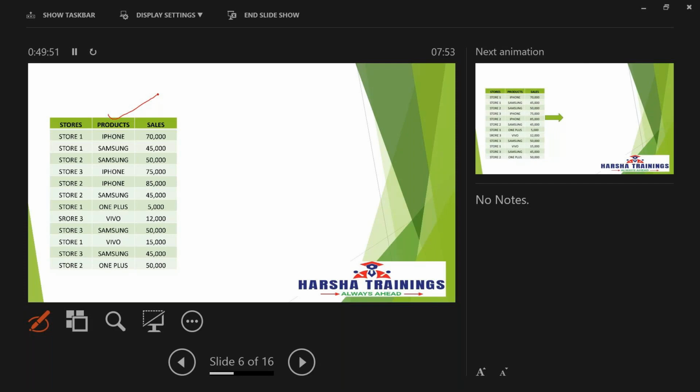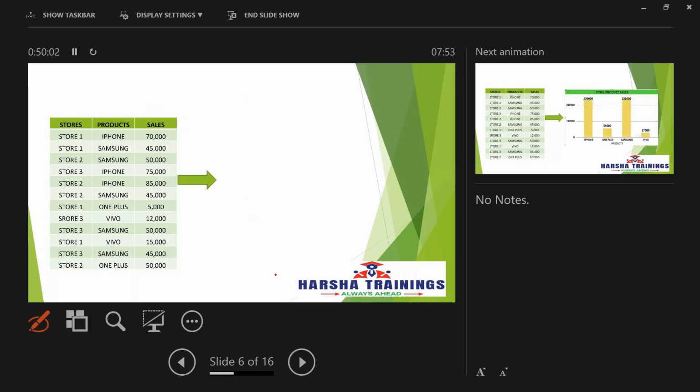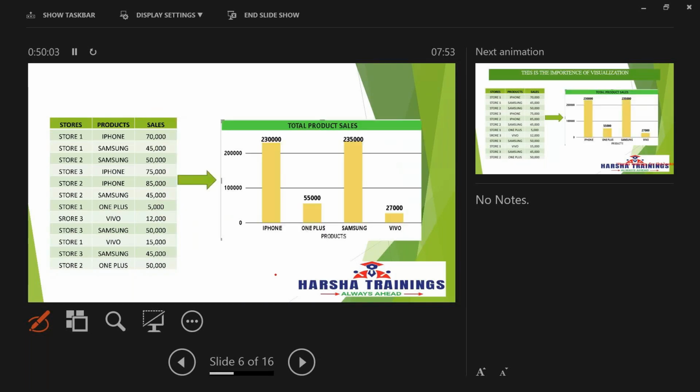If I have the same requirement, what will you do? Obviously, we will create a visual. I'm getting those values: Samsung, iPhone, OnePlus, and Vivo.